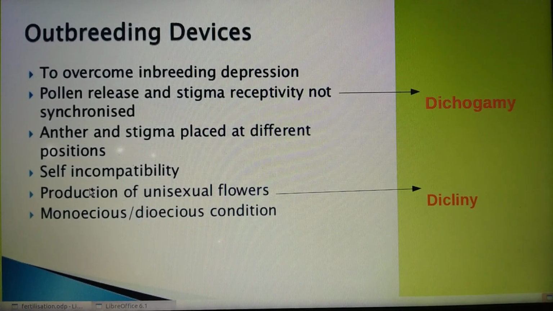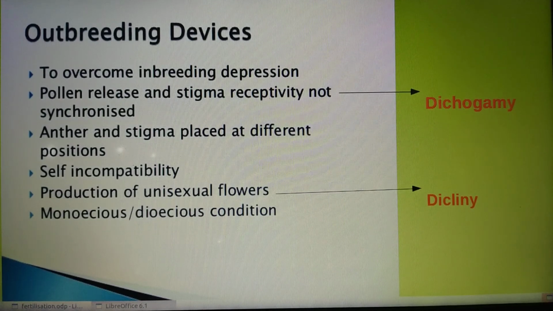Another device to prevent self-pollination is the production of unisexual flowers. The condition is called diclinism. If both male and female flowers are present on the same plant, such condition is called monoecious, as you have studied. It prevents autogamy but not geitonogamy. This condition is commonly seen in plants like castor and maize.